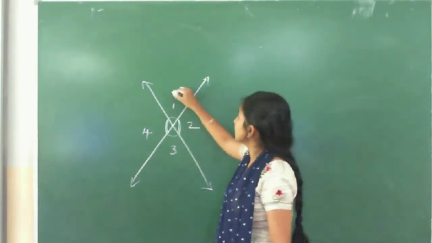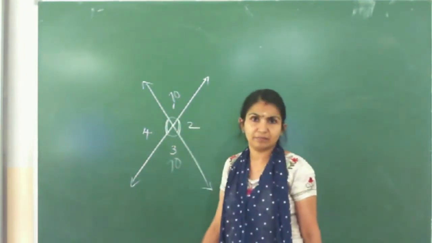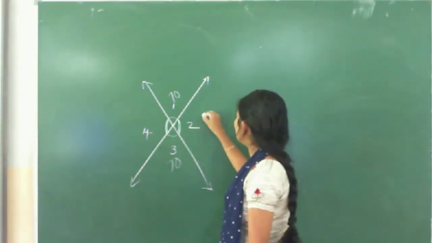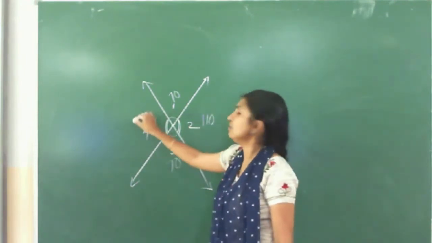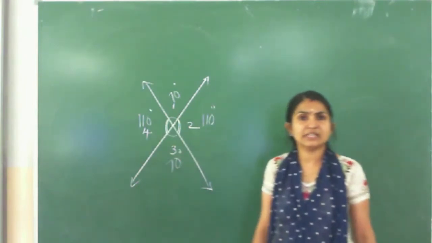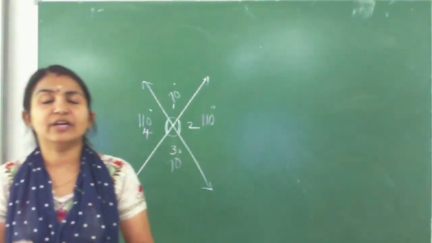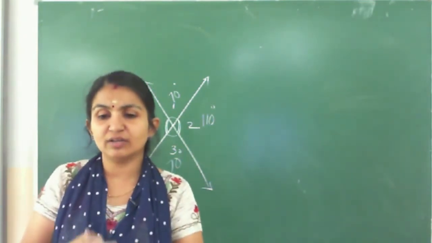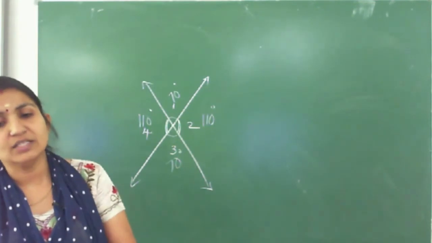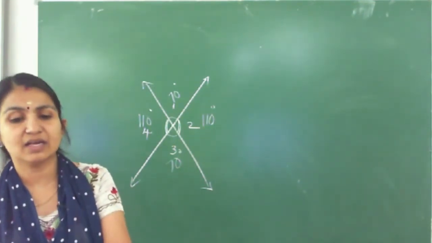If this angle is 70 degrees, then this is also 70 degrees. If this one is 110, this is also 110 degrees. When two lines intersect each other, the angles on the opposite sides are called vertically opposite angles, and vertically opposite angles are equal.